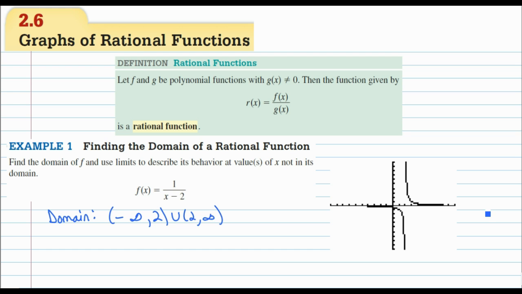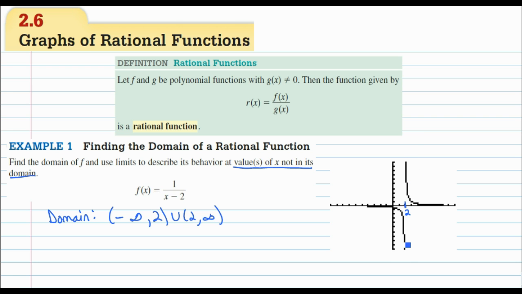So let's describe what's happening with our limits. Now specifically, this problem tells us to use limits to describe its end behavior at values of x not in its domain. So values of x not in its domain, in this case, is x equals 2. There are two end behaviors where x equals 2.